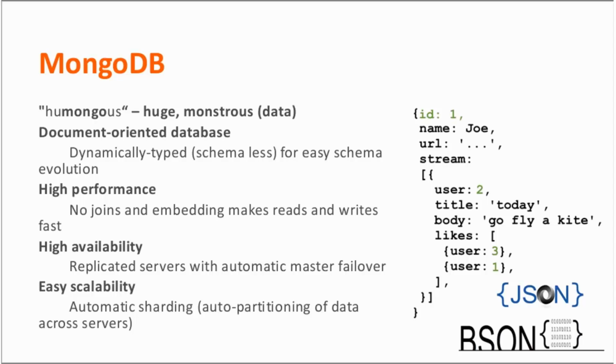Each document or each row of data that is stored within the MongoDB can be different. It provides high performance and there are no joins. And embedding makes the reads and writes fast. It has high availability through replications with an automatic failover, and it provides easy scalability with automatic sharding.